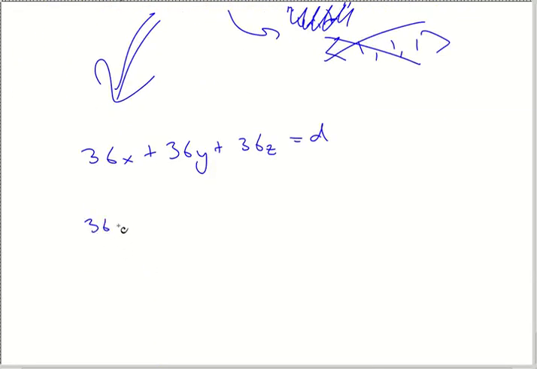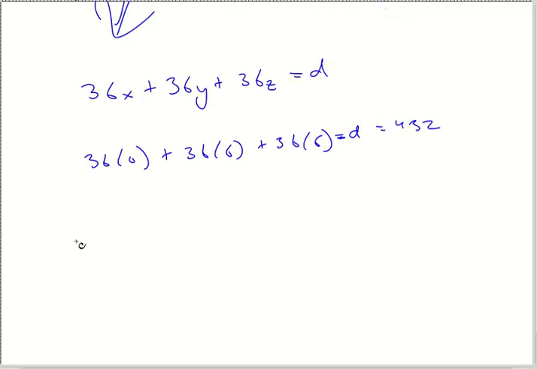So then we got 36 times 0, 36 times 6, and 36 times 6 is equal to D. And I got a really big number, which was 432. So then my final answer, here we go, 36x, 36y, 36z is equal to 432.